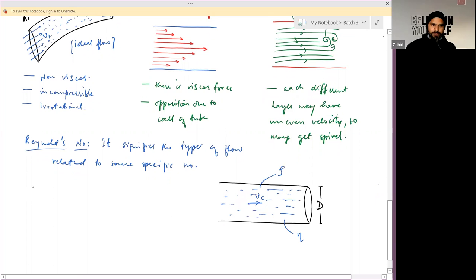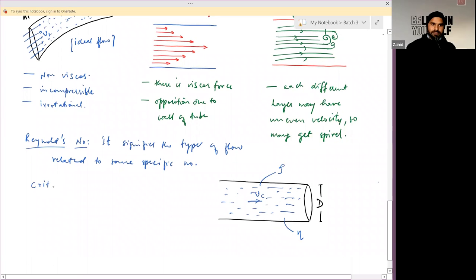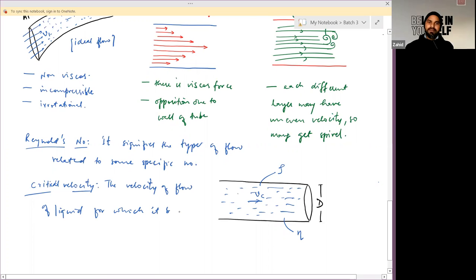So first, the velocity of flow of liquid for which it behaves as streamline or ideal flow is called critical velocity.